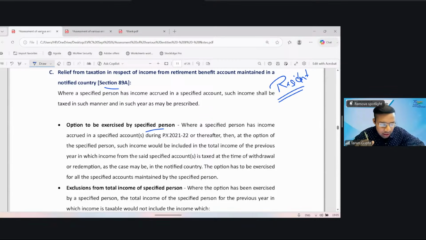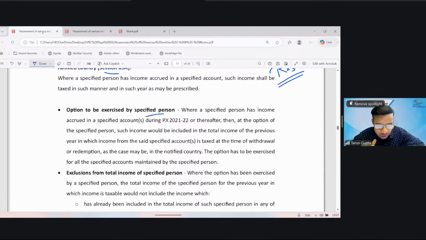Where the specified person has income accrued in these accounts, he has the option that such income will be included in the total income of the previous year in which the said specified account is taxed at the time of withdrawal. So what happens is that this income in India, as per Indian tax law, is taxable on accrual basis, while the foreign country taxes it at the time of withdrawal, on receipt basis. So the person may opt to get this income taxed in India also at the time of withdrawal only.